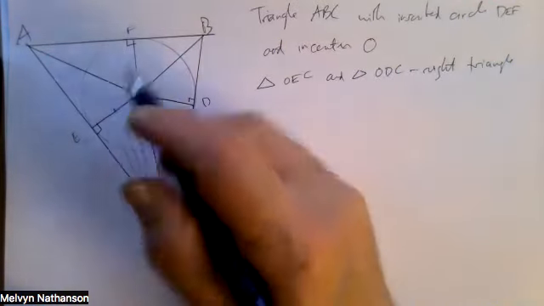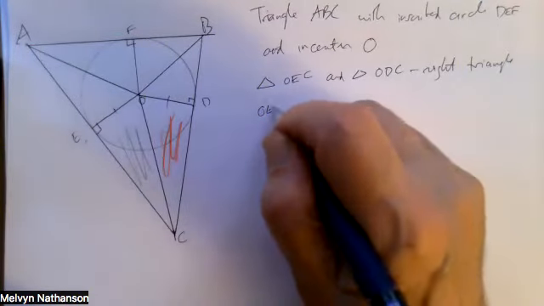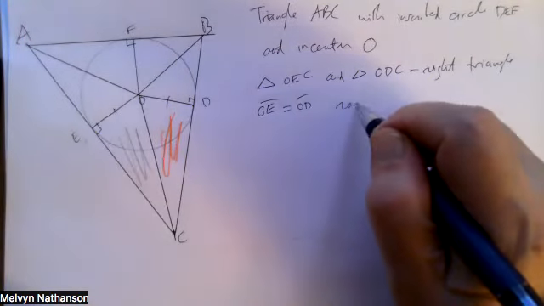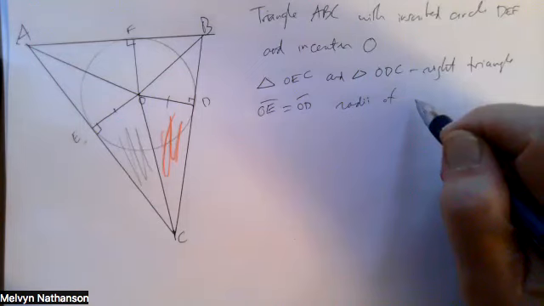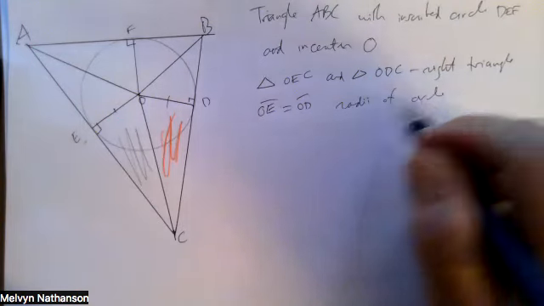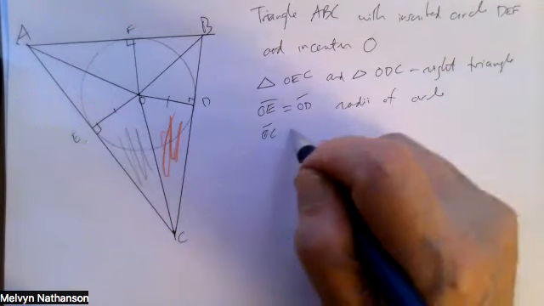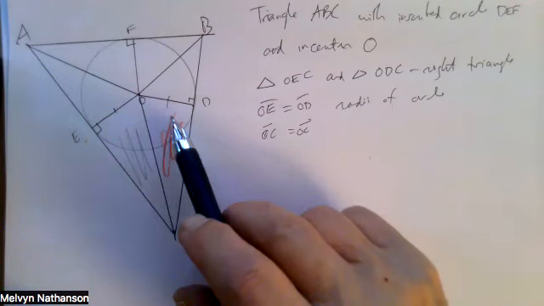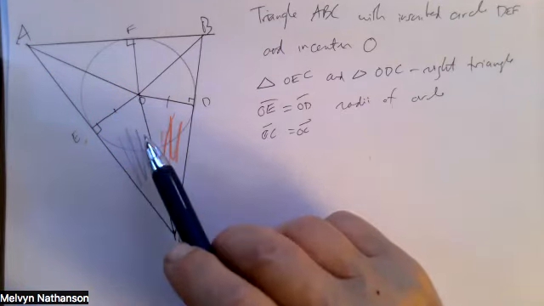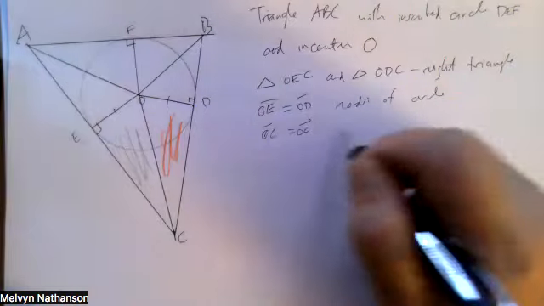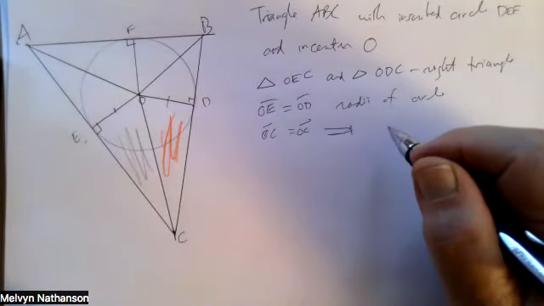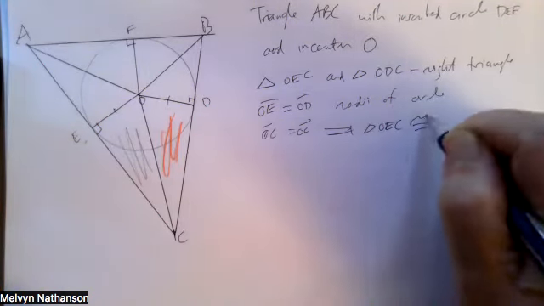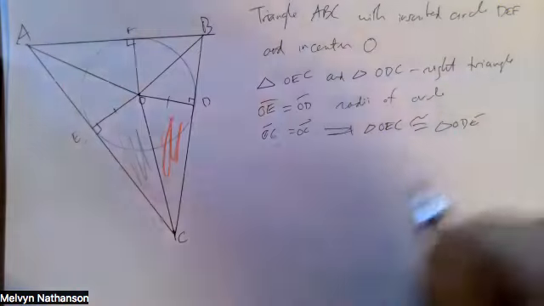The side OE and the side OD have the same length because they're radii of the circle. And the side OC is equal to itself. That's the hypotenuse of this triangle. So you have two right triangles with sides and hypotenuse equal. It means these two triangles are congruent. Triangle OEC is congruent to triangle ODC.